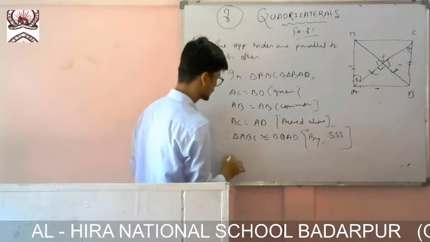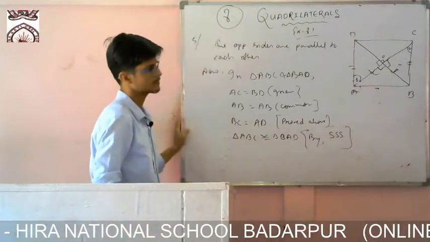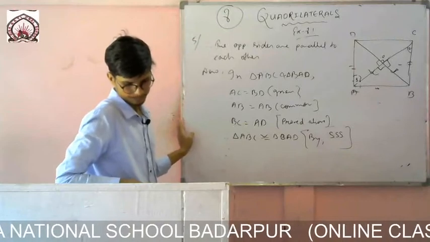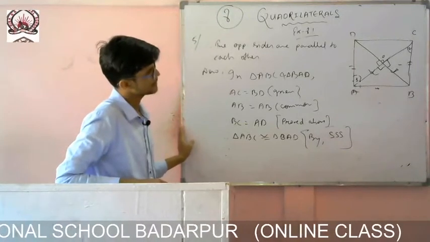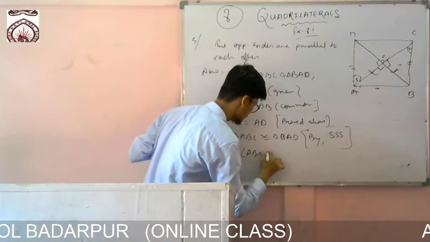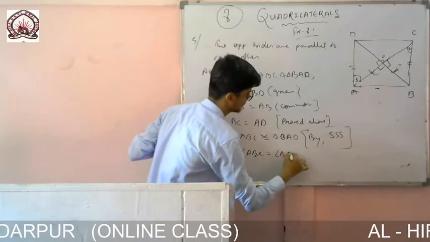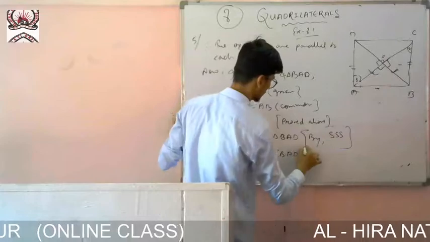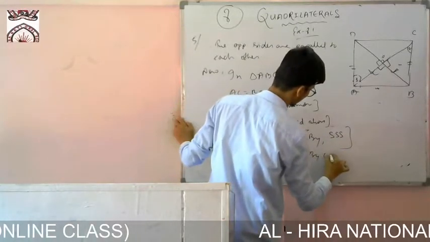So now I can show that angle ABC is equal to angle BAD by CPCT.